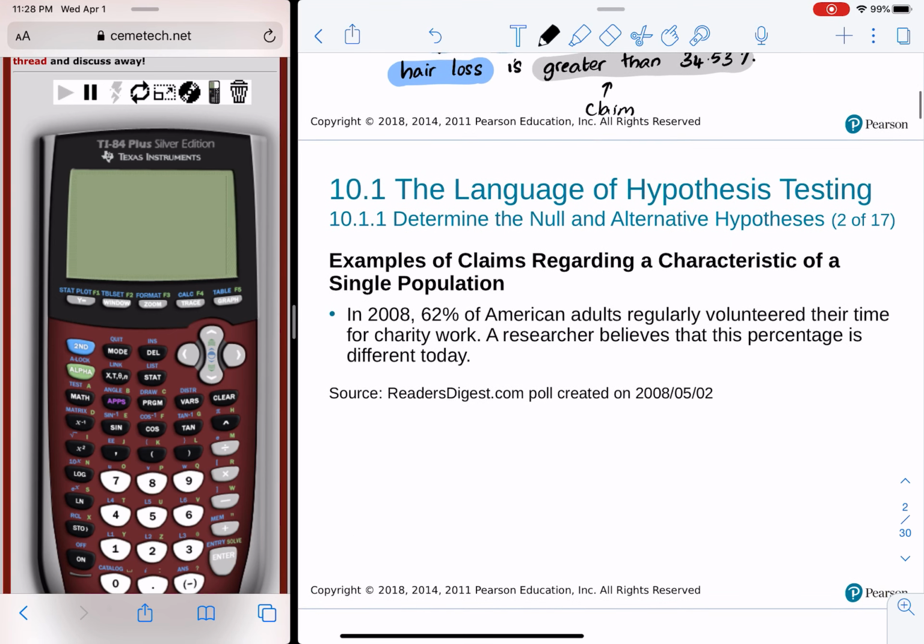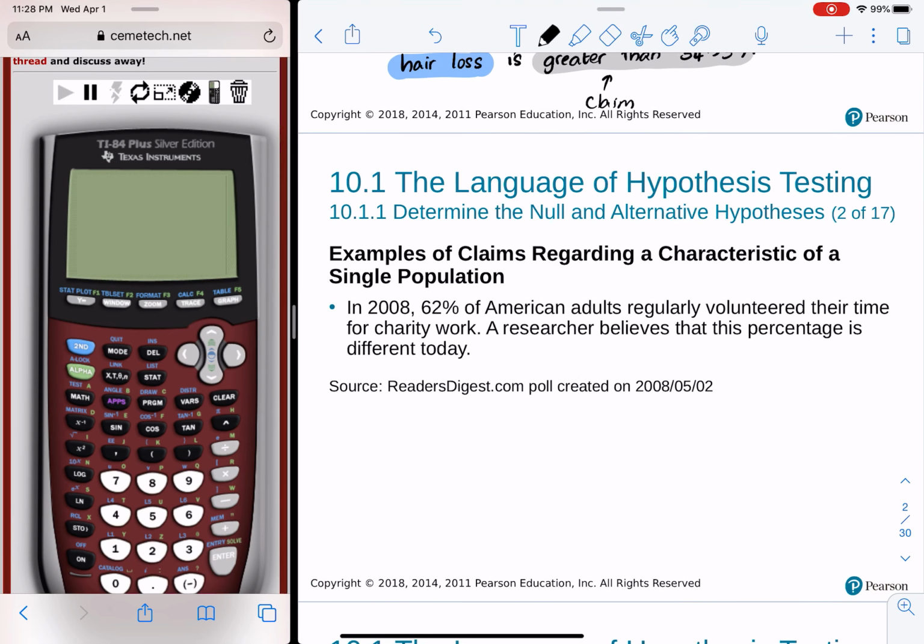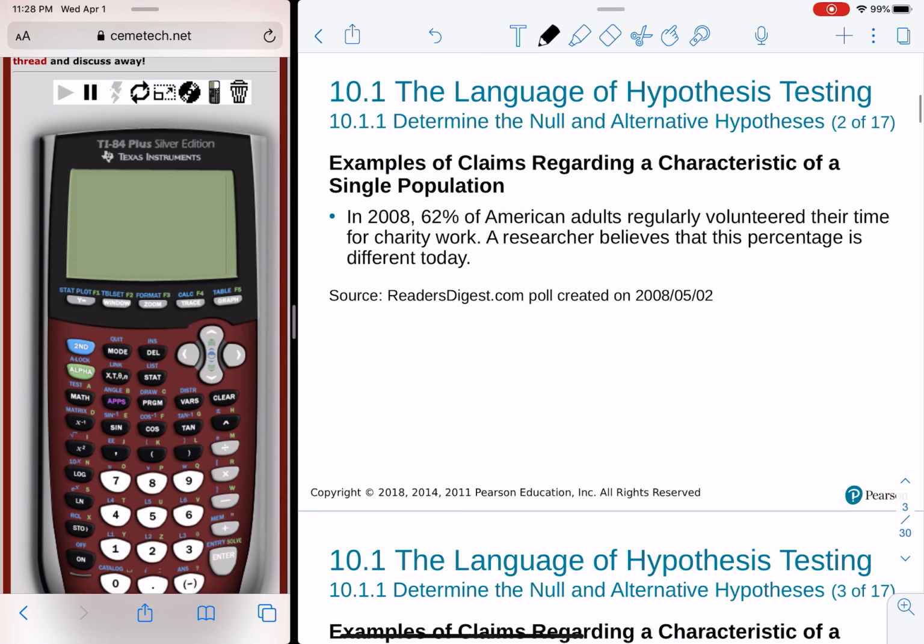So here are formal examples. Here is one. In 2008, 62% of American adults regularly volunteered their time for charity work. A researcher believes that this percentage is different today. So how could I phrase this?